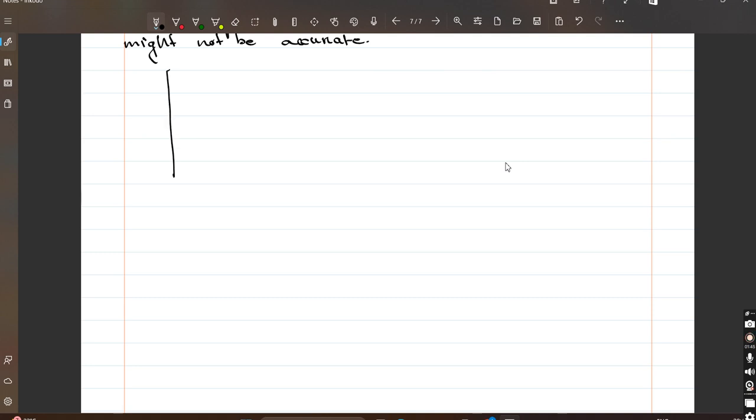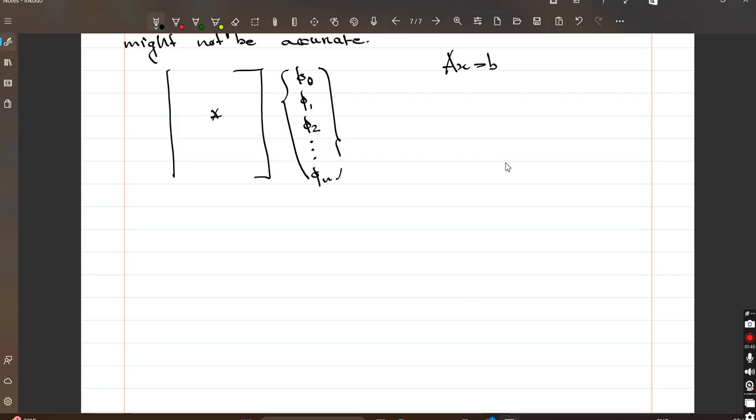So we got a form something like Ax equals b, right? Which is nothing but a matrix of phi equals b.